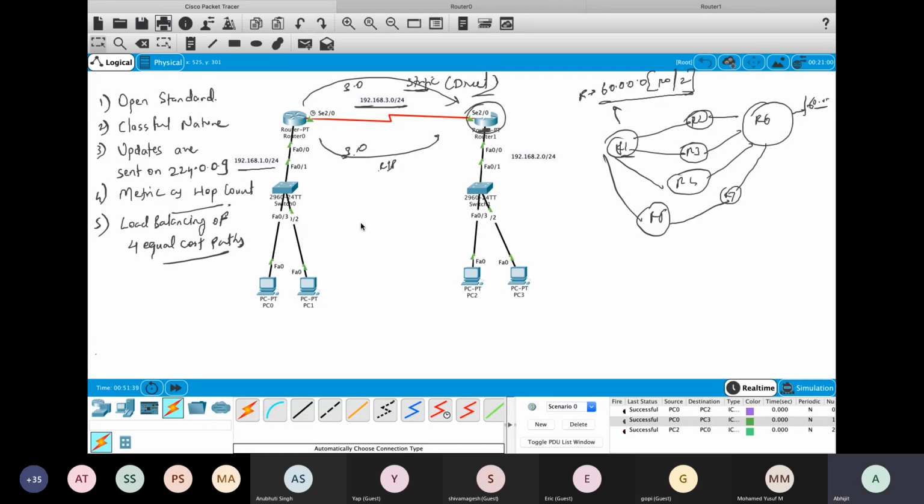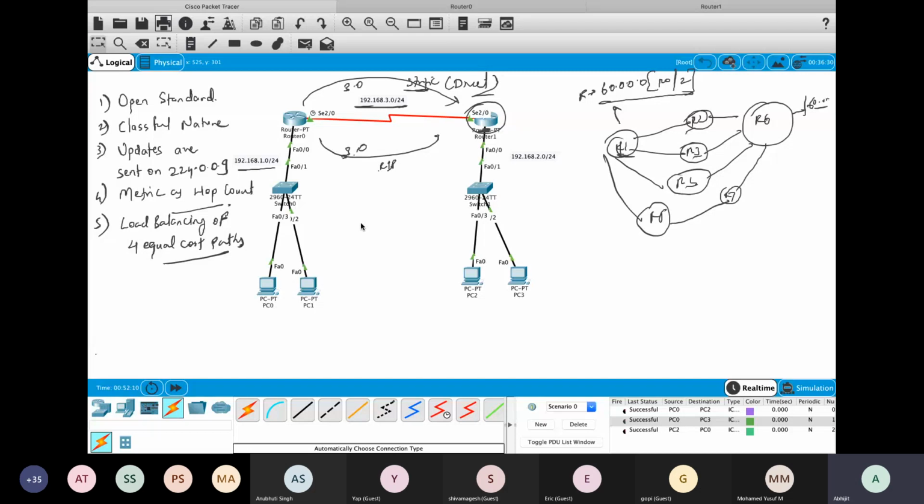And then, you don't get it? I am saying that you have an R1, and in that R1, you have R2, R3, and R4 connected over there. So R2, R3, and R4 are advertising the information about R6's 60.0.0.0 to R1.